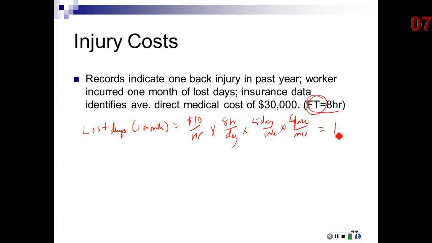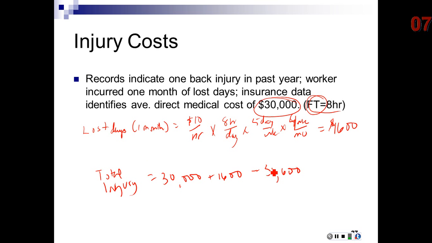That'll be $1,600. Plus we have the direct medical cost of $30,000, so our total injury cost is equal to the $30,000 plus the $1,600, which is $31,600 for our injury costs currently.